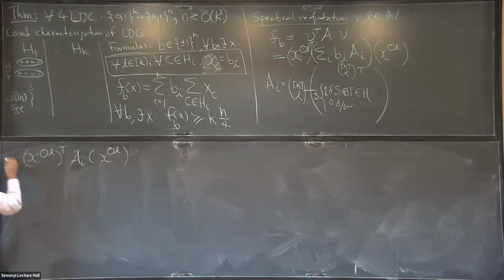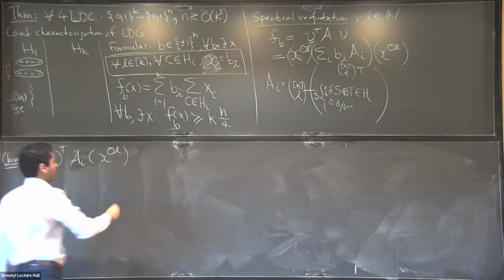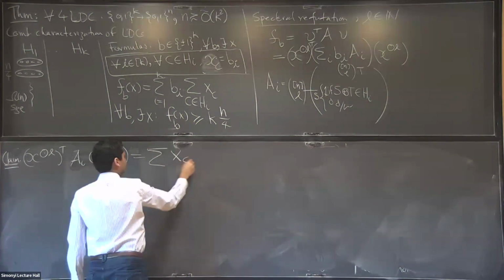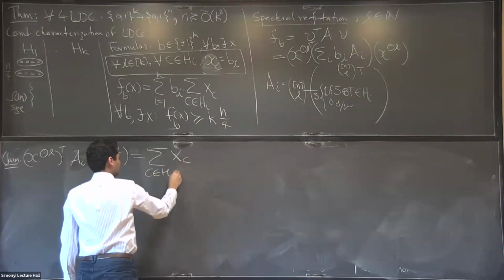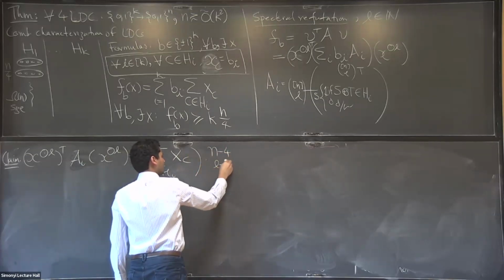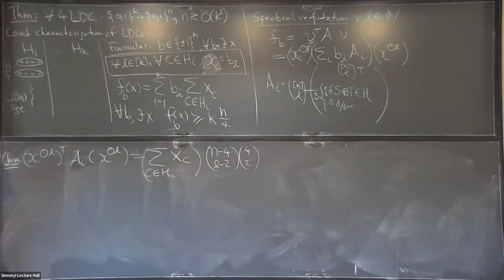So I claim that this actually equals a sum over C of X sub C times a constant, and the reason I can write it very fast is because it's trivial. Why is this claim going to be true?